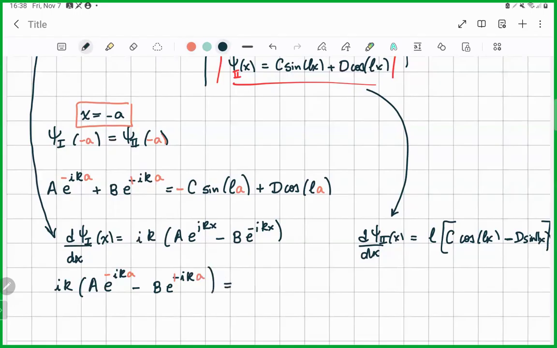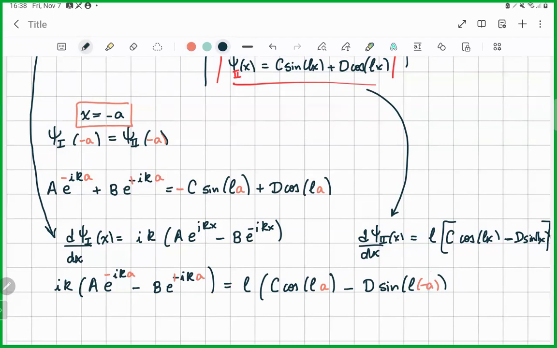And this is equal to, now I go to the derivative result that we have here: L c cosine of L times minus A, which is just the cosine of A, no problem, and then minus D sine of L times minus A. Sine of minus theta is minus sine of theta, right?